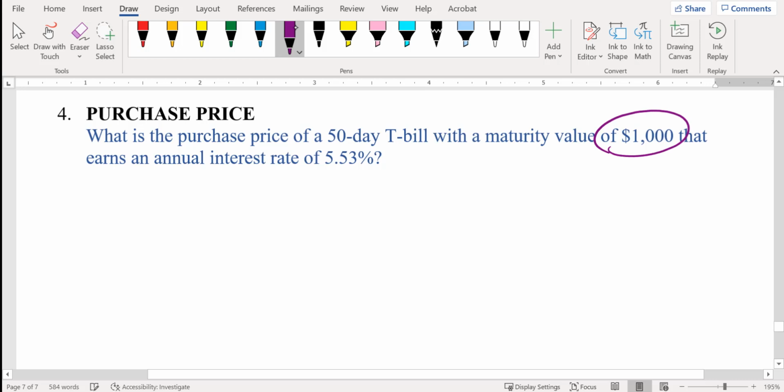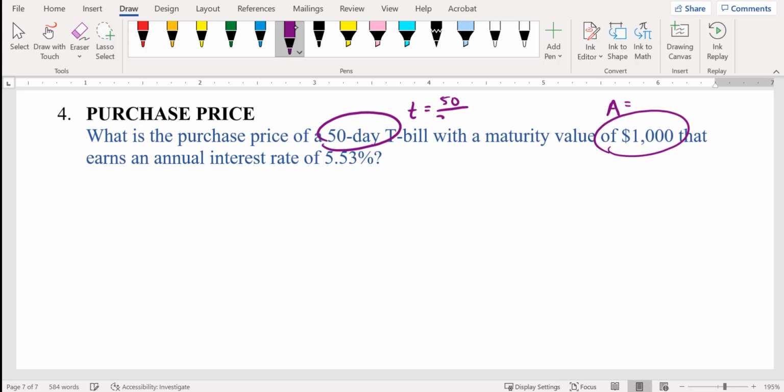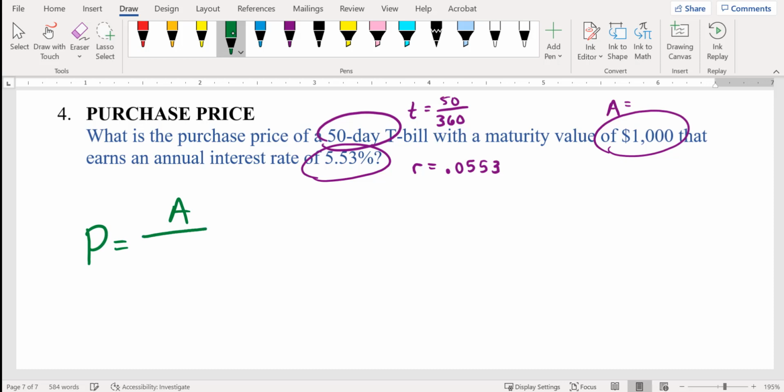Maturity value, that's going to be your A. 50-day T-bill, T is going to be 50 divided by 360. Interest rate, R, is going to be 0.0553. It's wanting you to solve for P. You have a formula, P equals A over 1 plus RT.